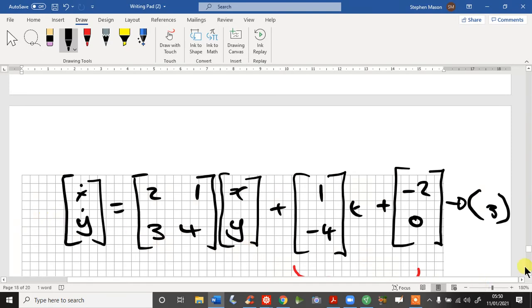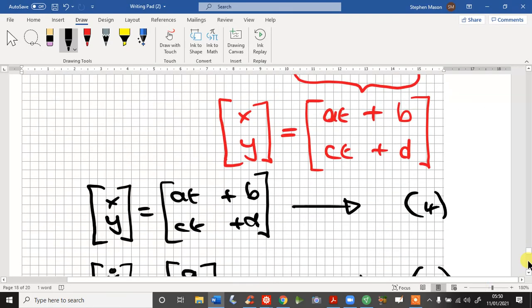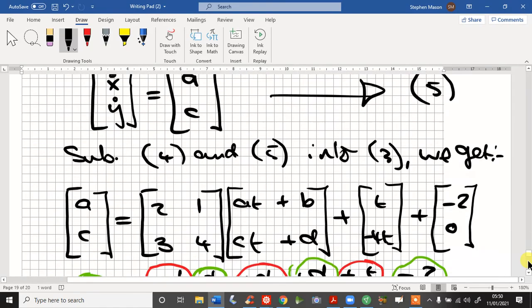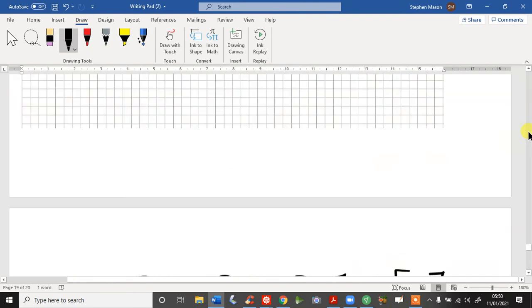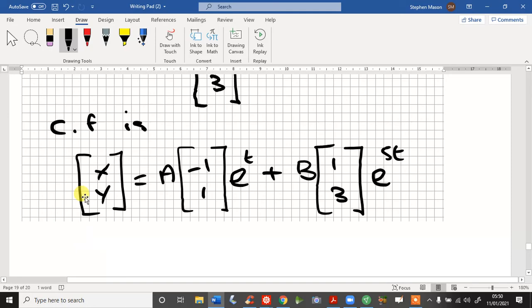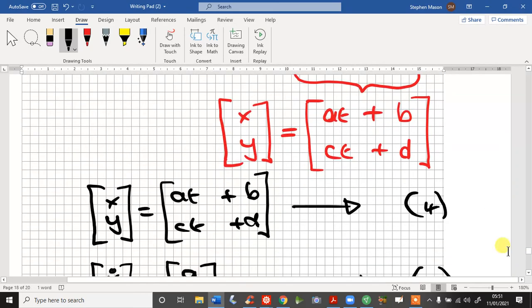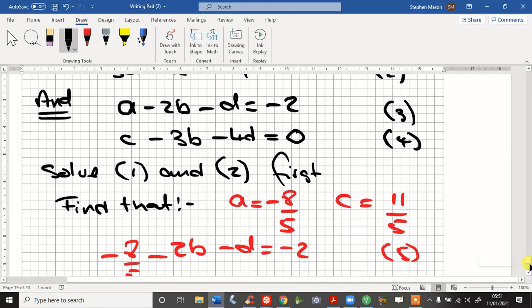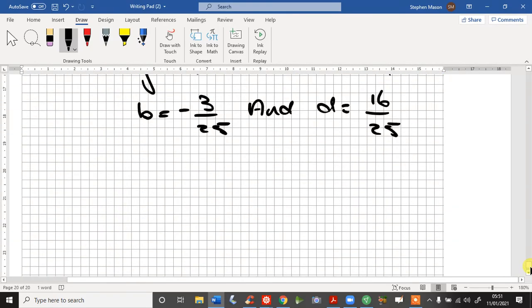So if we go back to our complementary function, which is this, and add on this matrix 4 with all the values of A, B, C, and D replaced, then we will have our solution.